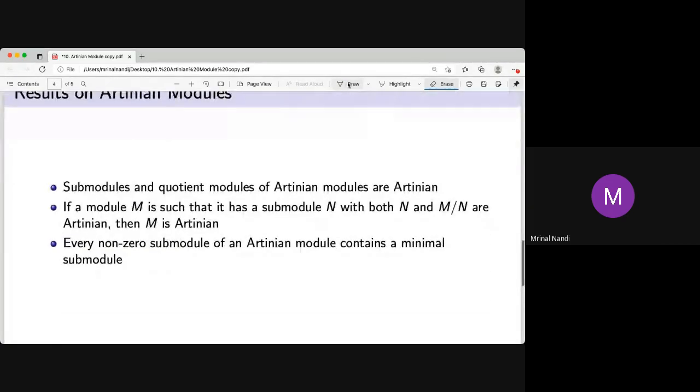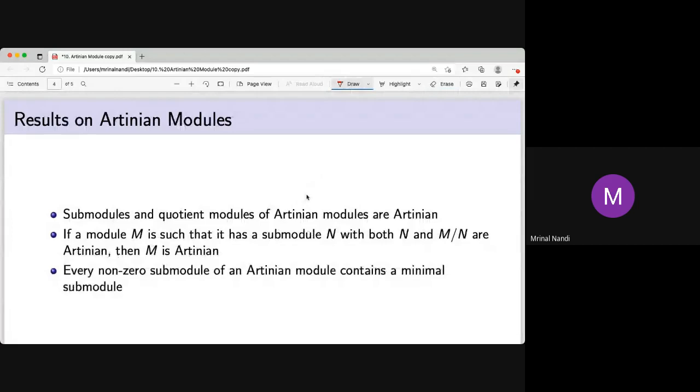Now an important result on Artinian modules: a submodule or quotient module of an Artinian module is Artinian. Why is this so?